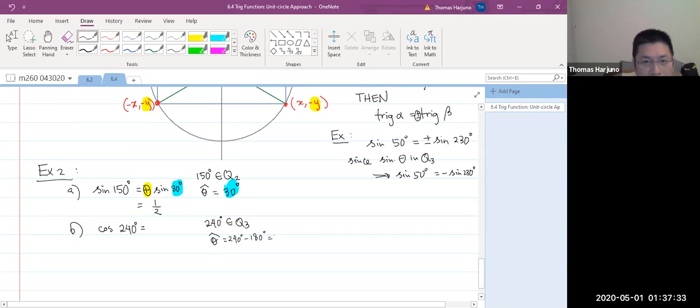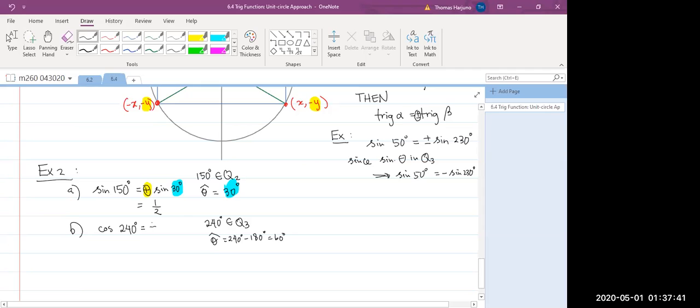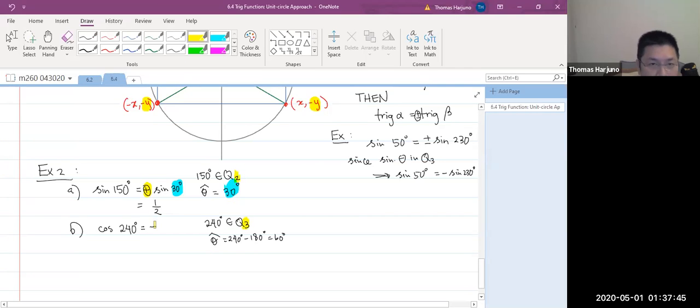Now in quadrant 3, cosine positive or negative? Negative. Because it's in quadrant 3, cosine is negative. The same trig function, the reference angle is 60 degrees. And therefore, this is equal to negative 1/2.